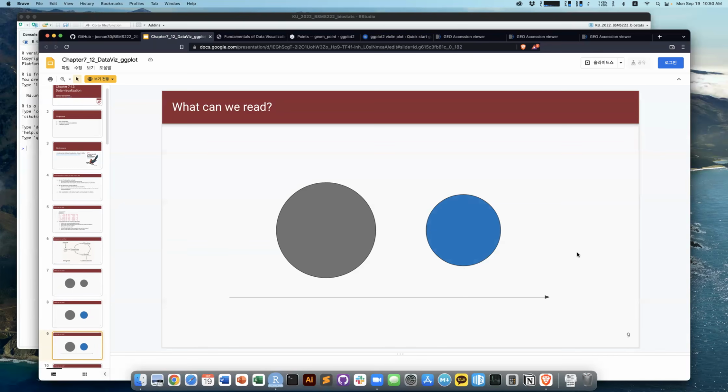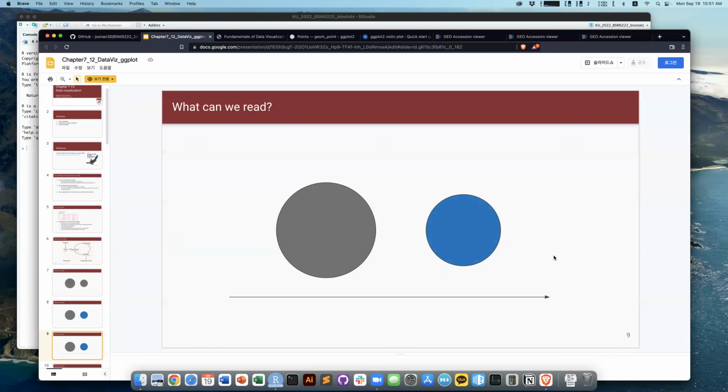In this example, by adding the arrow, we add some direction, right? An arrow indicates some direction. It has a start point and an end point, and the direction is from left to right.